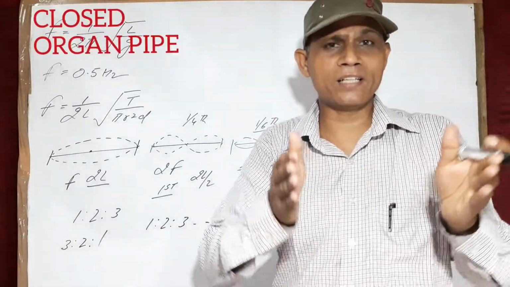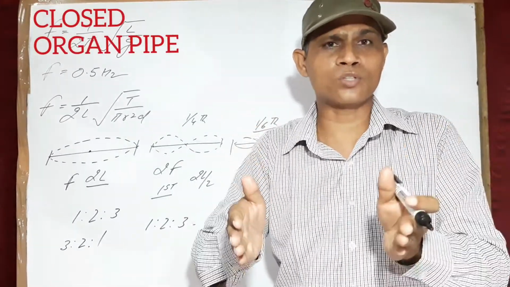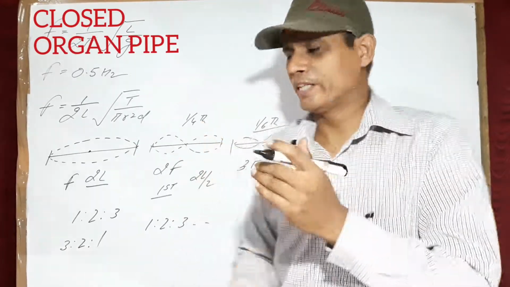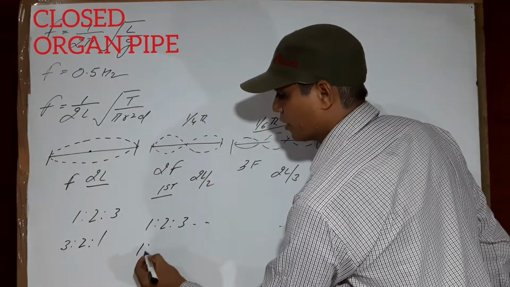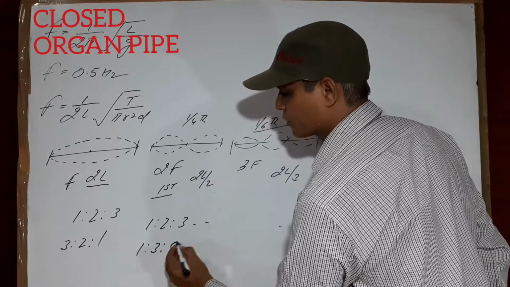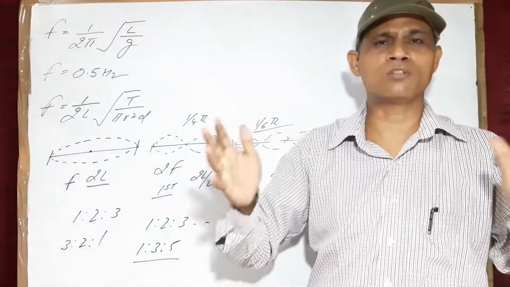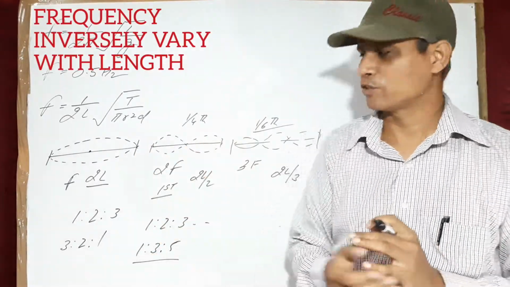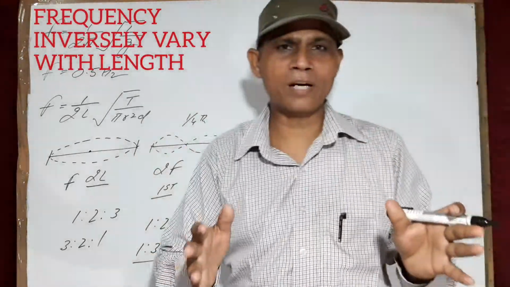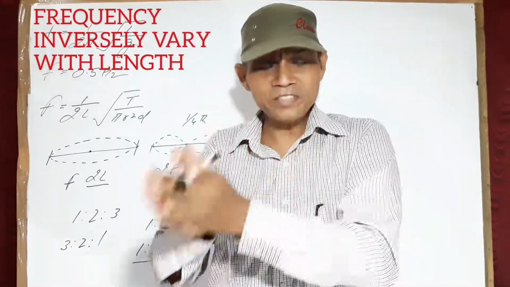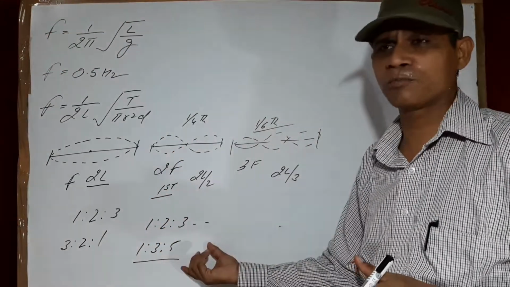But if it is an organ pipe which is closed from one end, in that case the ratio will be 1:3:5. That means in odd multiples you will be having the ratio of the frequencies. So keep it in mind. This type of question can also be asked.